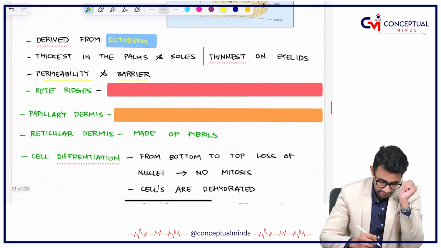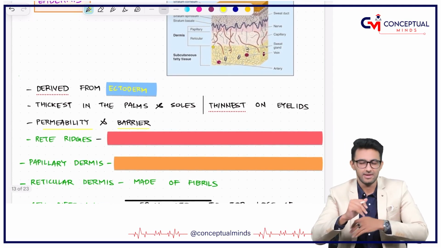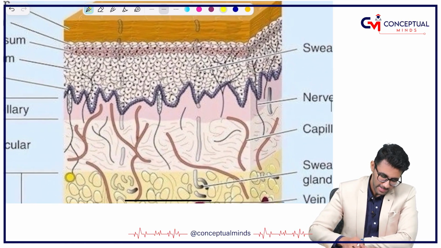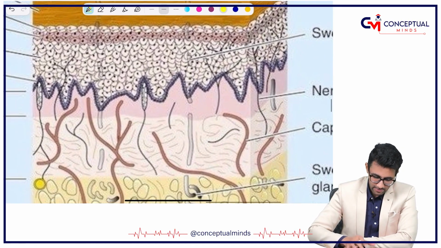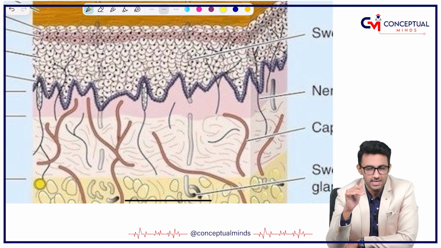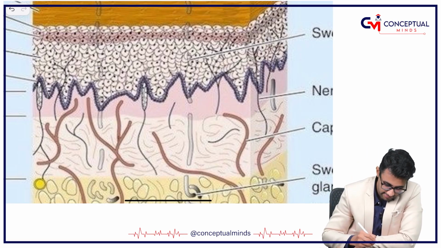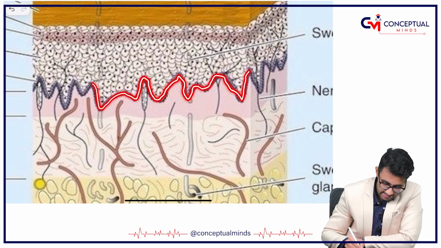The next one, rete ridges and papillary dermis. What are these things? This is a very interesting point. I'm going to zoom deep into the diagram right over here, and you can see the epidermis and dermis, and the subcutaneous layer. In the epidermis you can see certain projections. Let me highlight them. We can clearly see these.